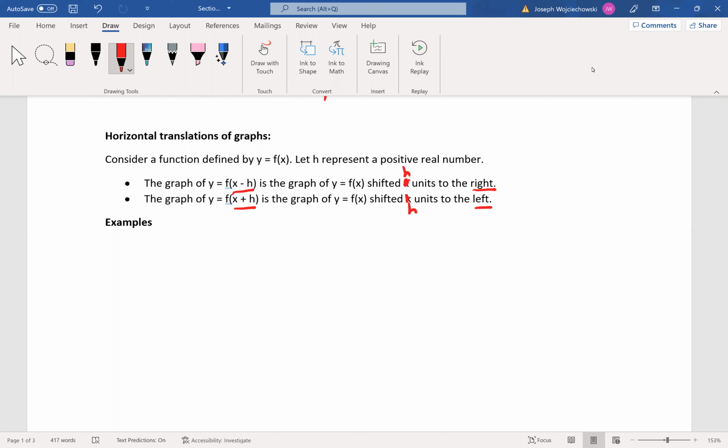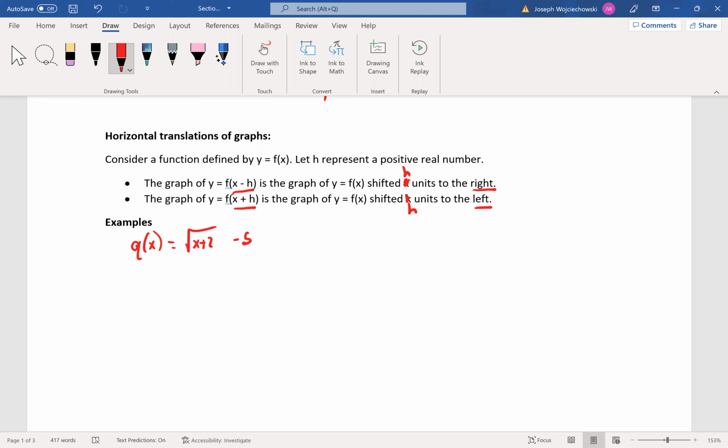Let's see, we have q of x equals the square root of x plus 2, minus 5.